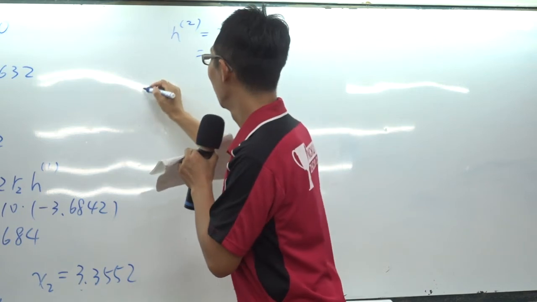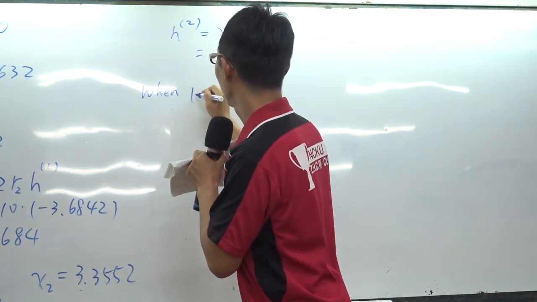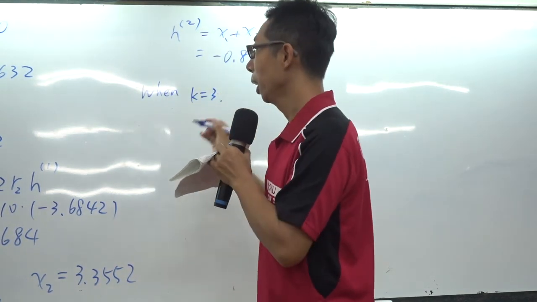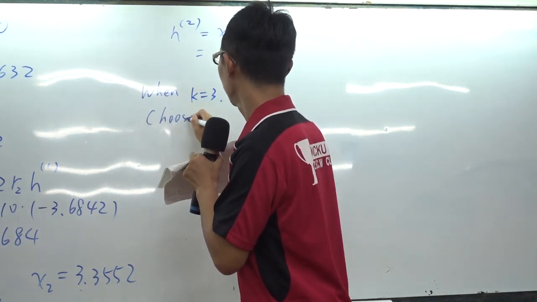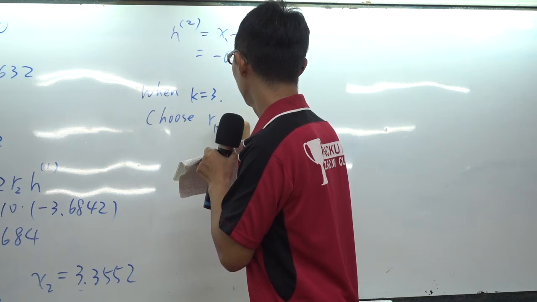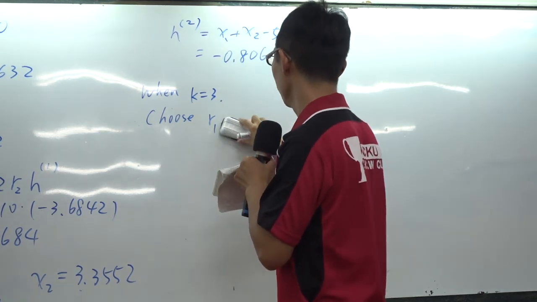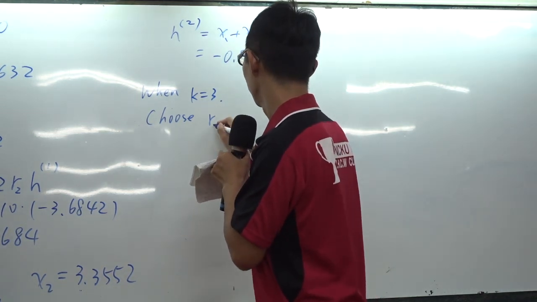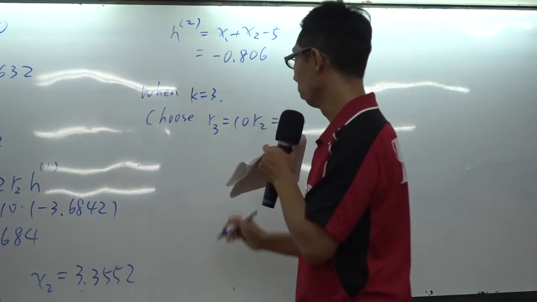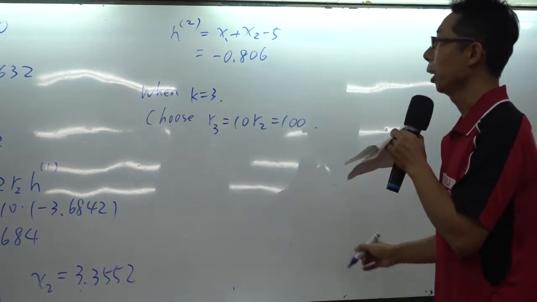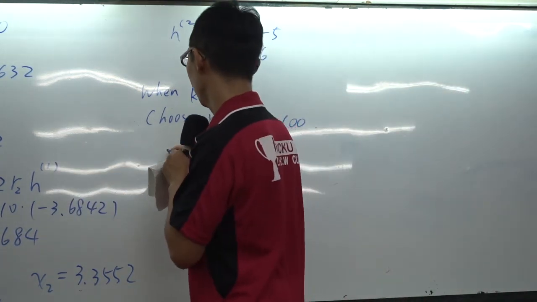And then k equals 3. Let's just say R3 equals 10 times R2. Just say it's 100. And we also update lambda in the same way.